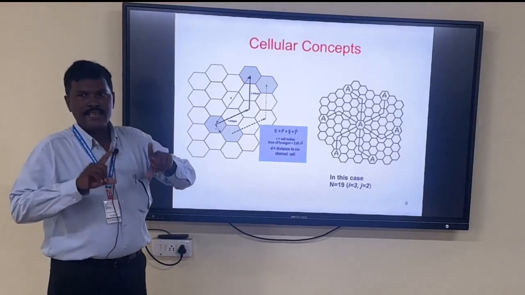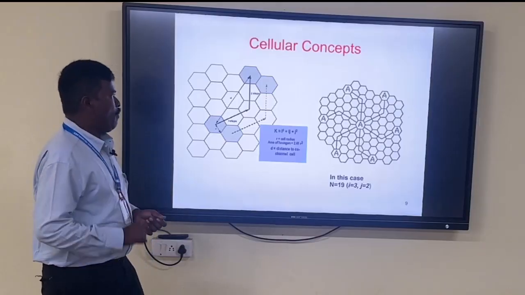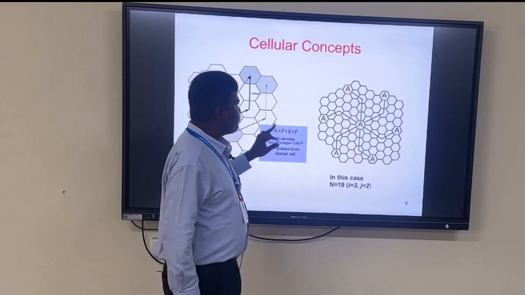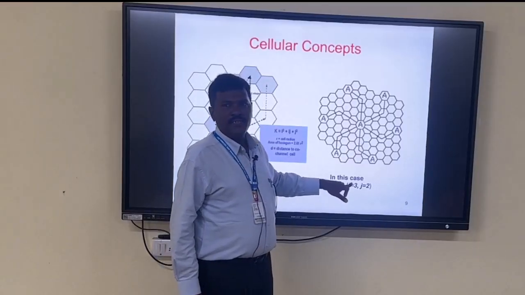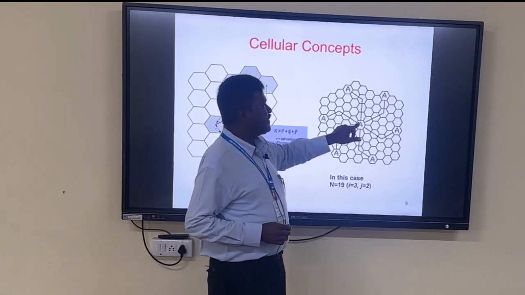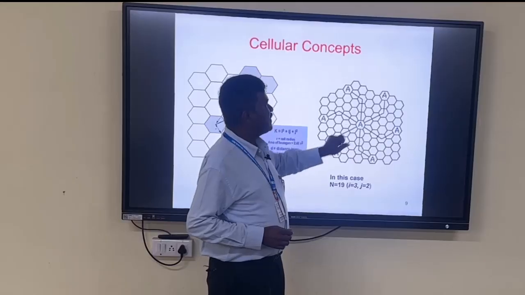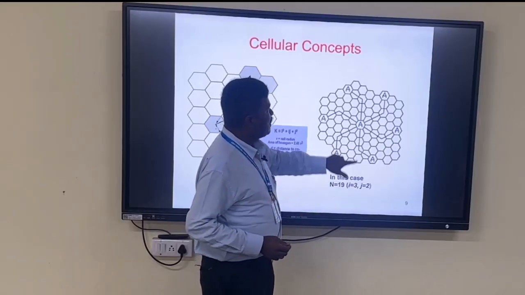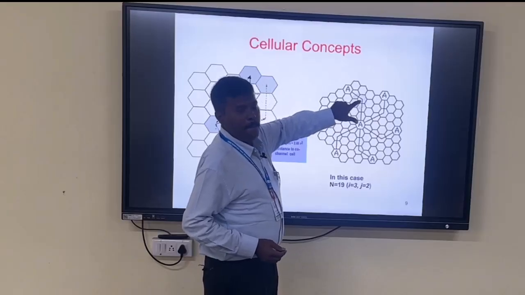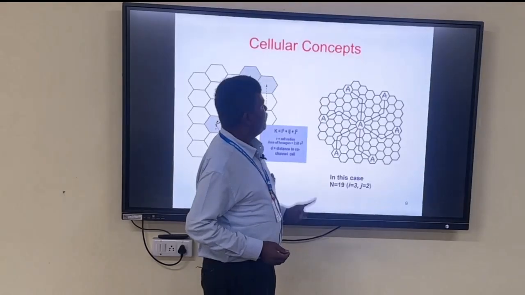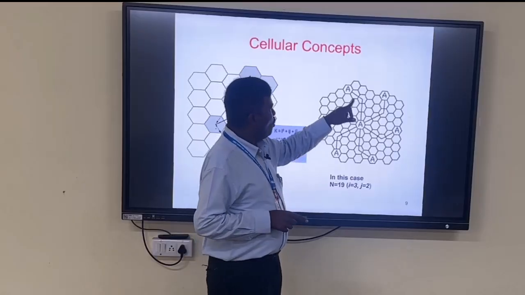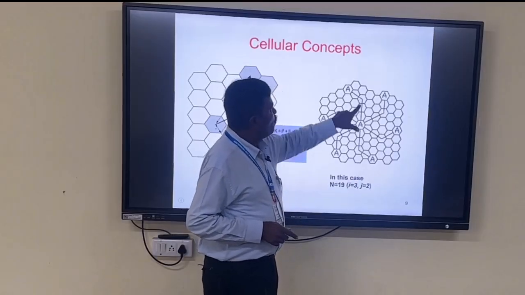The cluster size we can also define, that is K. From this example we can clearly see that if we define i is equal to 3 and j is equal to 2, as per the procedure, from the boundary of this hexagon we take i is equal to 3, that is move 3 cells here, then from here 60 degrees counterclockwise we move j cells, 2.